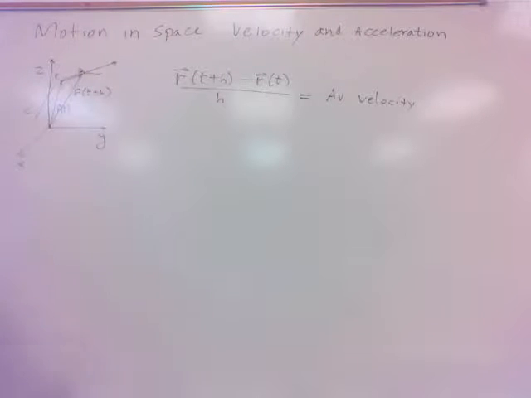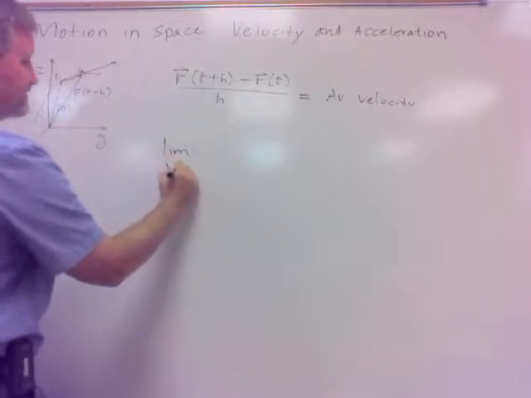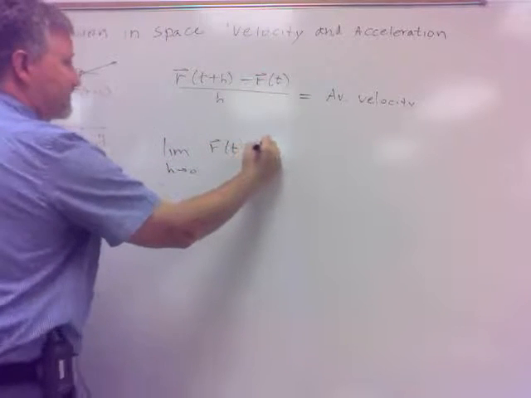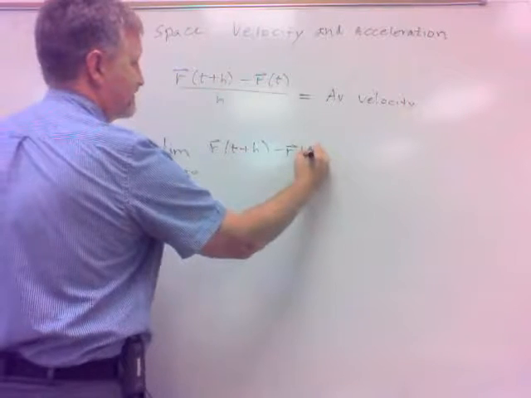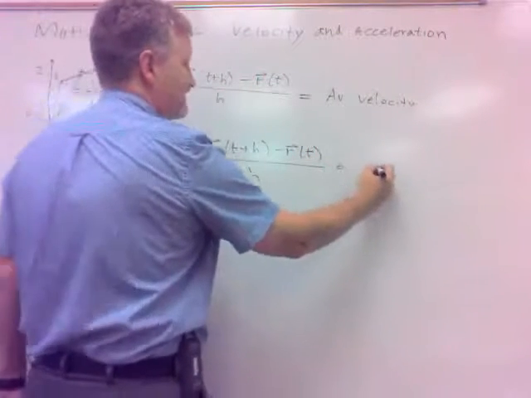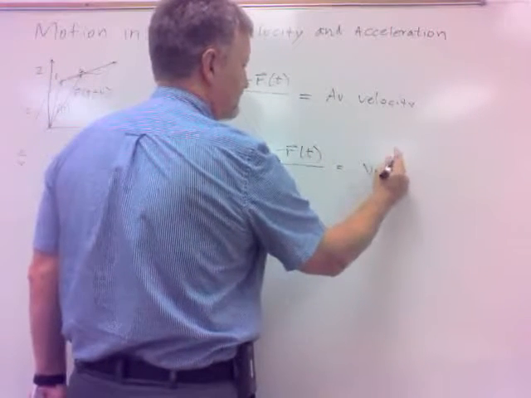And then if we take the limit as h approaches 0 of that average velocity vector, what is that going to give us? Well, that gives us the instantaneous velocity vector.